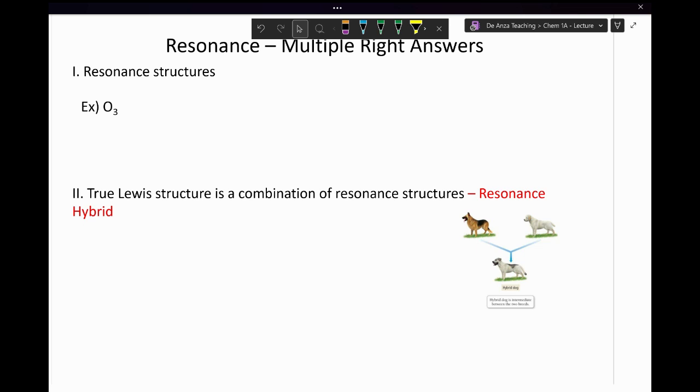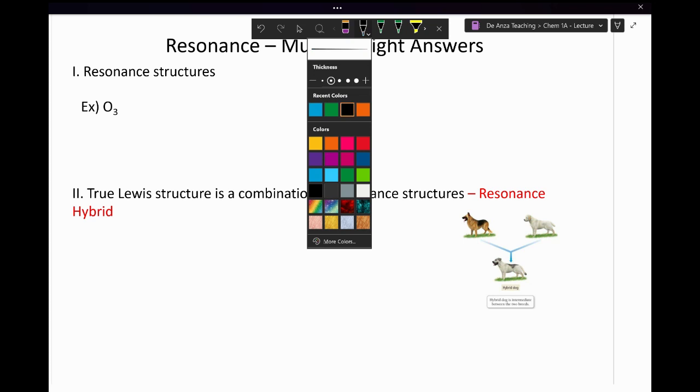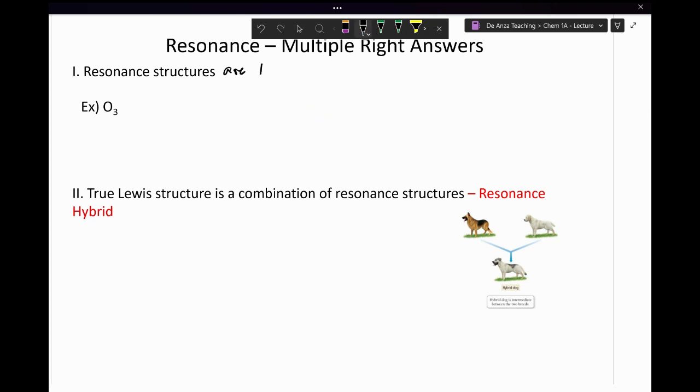Now what we're going to talk about is something called resonance, where some compounds can have multiple different correct Lewis structures. And so resonance structures, by definition, are Lewis structures with the same skeleton formula, so the same layout of elements, but different electron arrangements.